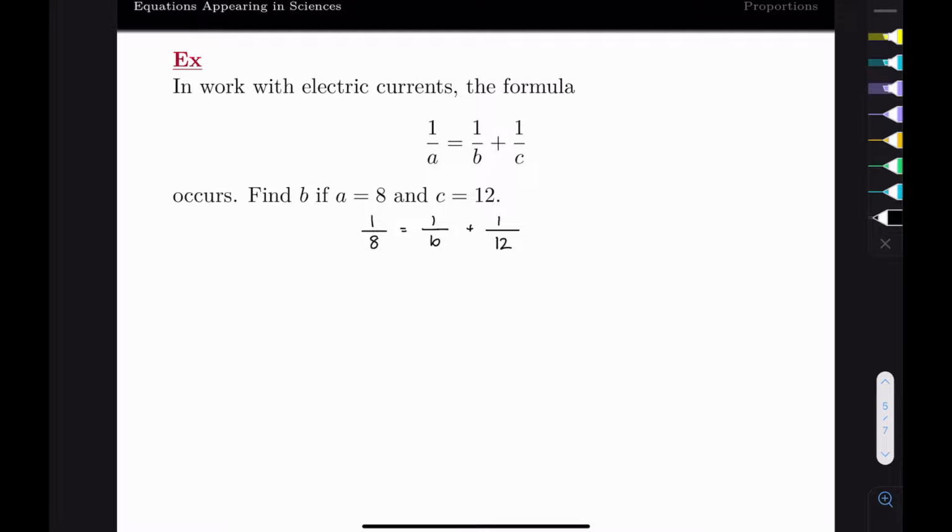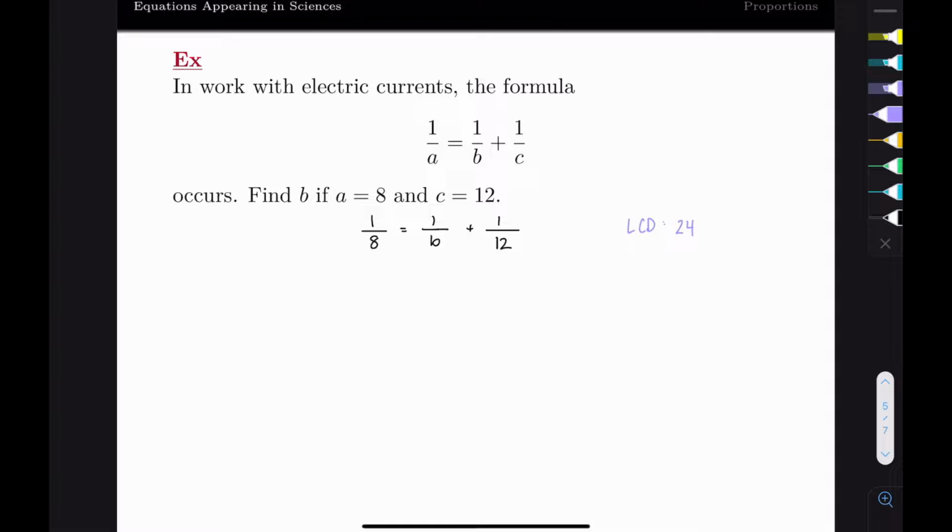You could solve this quite a few different ways, but me personally, I hate having all of these fractions. So I want to multiply by the least common denominator. In this case, for the two numbers, I need a number that's divisible by 12 and 8. The number that pops into mind for me is 24.